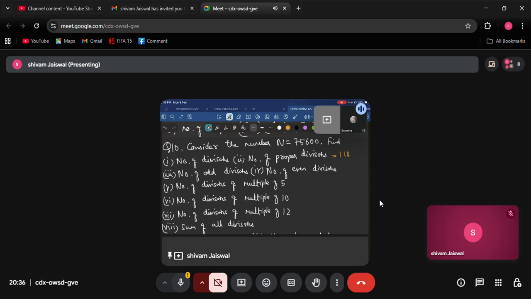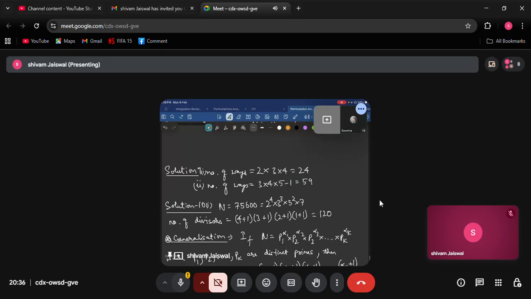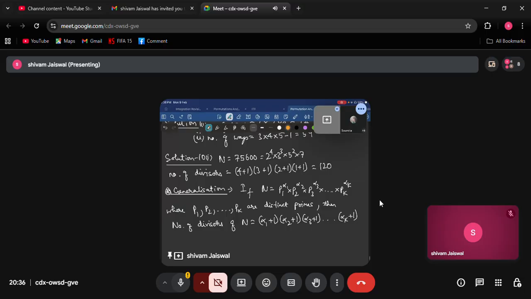Okay, Raktim, I'm solving 10 part 3. Number of odd divisors. So over here, how will you get an odd divisor? Tell me, Raktim. By not going to shop 1. Right. That is not a divisor of 2. Yes. Number of odd divisors will be equal to? Just exclude the 2 and take the other things.